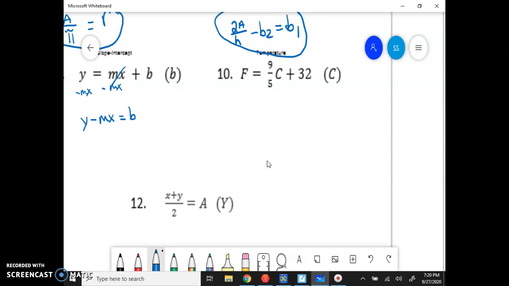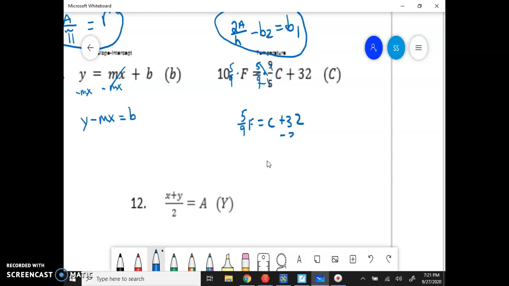So we're going to divide, which is really just multiplying by the reciprocal of 5/9. This all cancels out. And if I do it to one side, you've got to do it to the other side. So now I'm left with 5/9 f is equal to c plus 32.